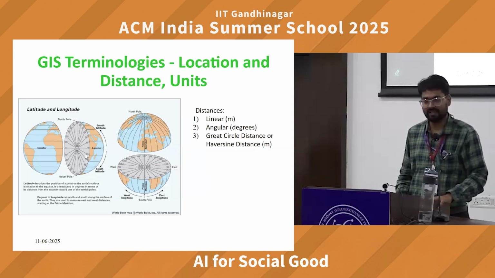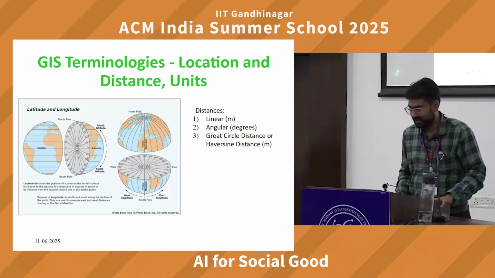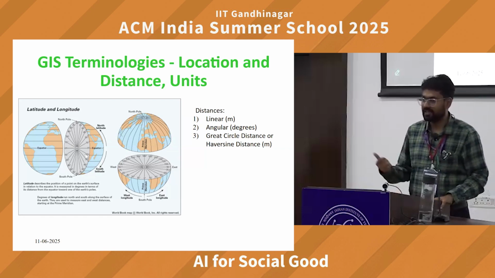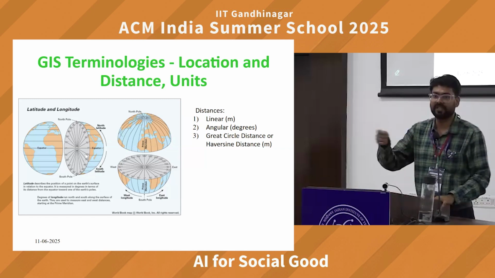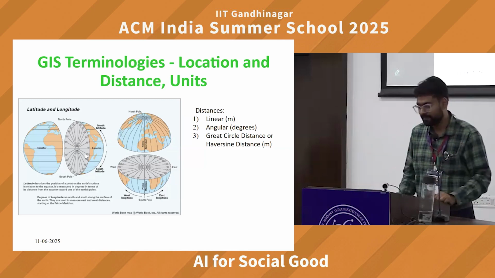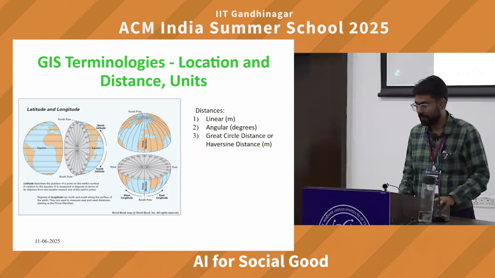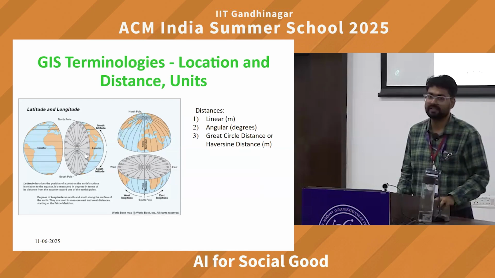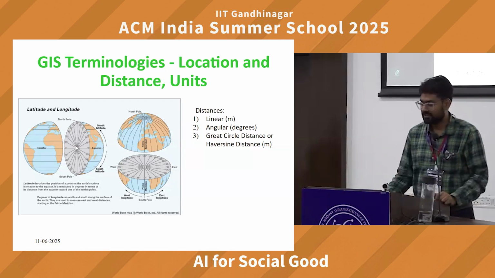It should not be negative, and another is the triangular inequality. Distance in GIS can be measured using three parameters. One is linear distance, measured in meters, which is the length between two points A and B. Another is angular distance, for example latitude and longitude. The third is great circle distance or Haversine distance, which is typically used when two points are geographically very distant. So this is the basic idea.